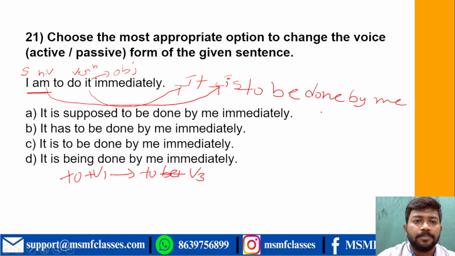This is the correct answer. So it is to be done by me, and of course immediately you can write there. So option C becomes the correct answer. It has to be, no, because I have used am here. So whenever we are using am, is the correct helping verb in passive voice. Yes, Samya has opted C, correct answer.